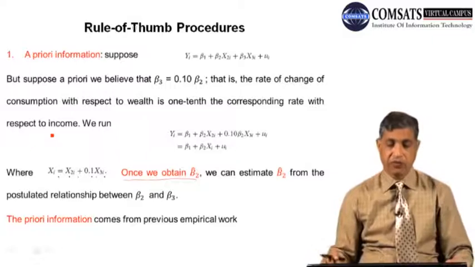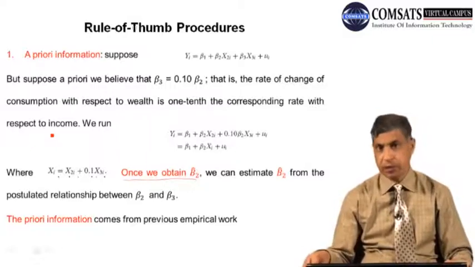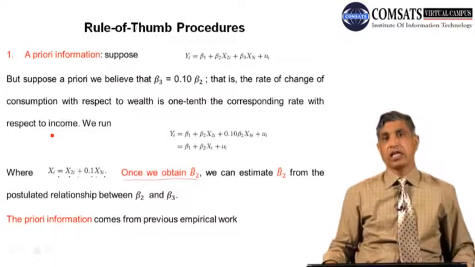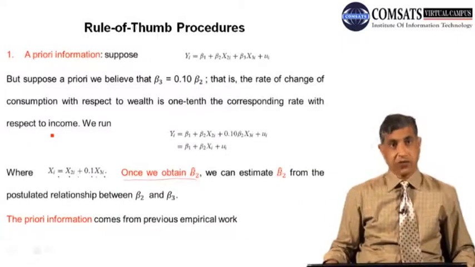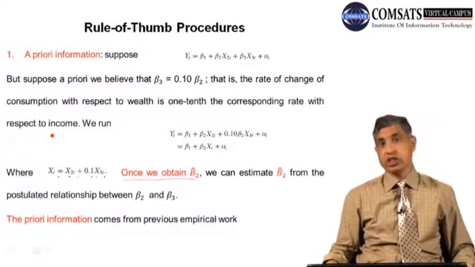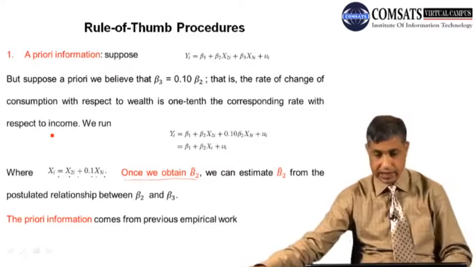The prior information comes from previous empirical work. There is no special formula by which we come to know that there is prior information. It totally comes from your previous knowledge, previous history, previous review of literature.